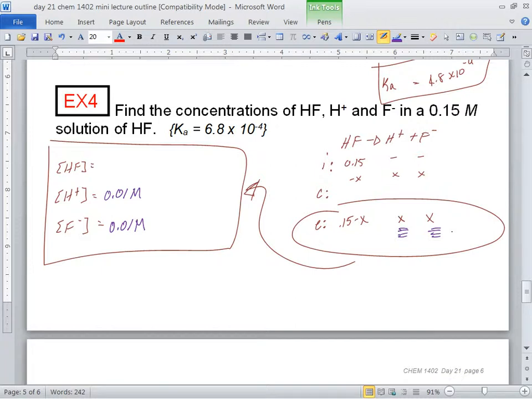So 0.15 minus 0.01 is 0.14. Okay, so those are the answers you should be getting for number 4. So it's right at the limit, 10 to the negative 4. It's the last one that we can drop the x's on. I think there's one left.